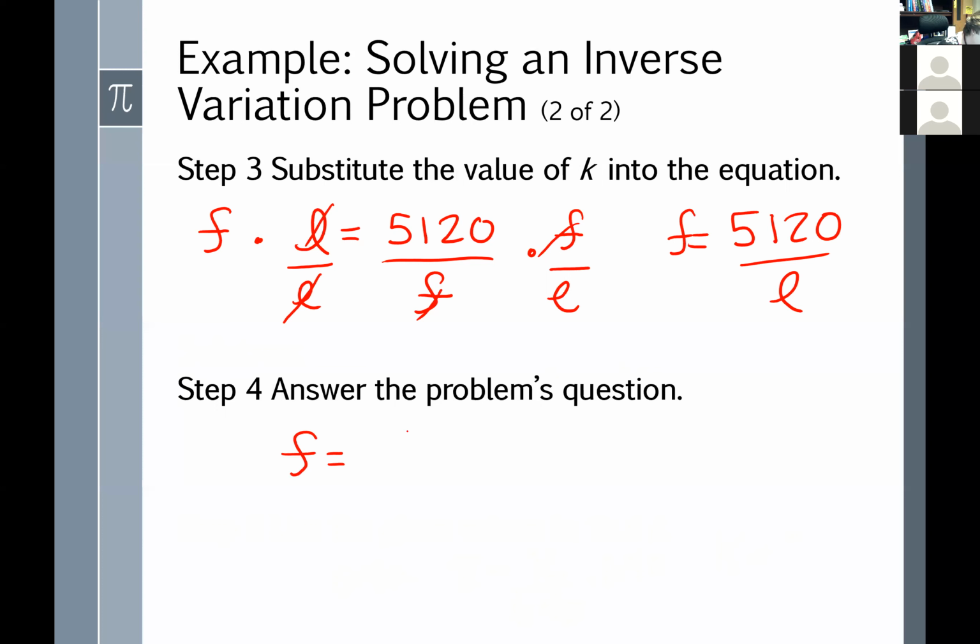So our string was what? 10 inches long? So a 10-inch violin string vibrates at 512 cycles per second.